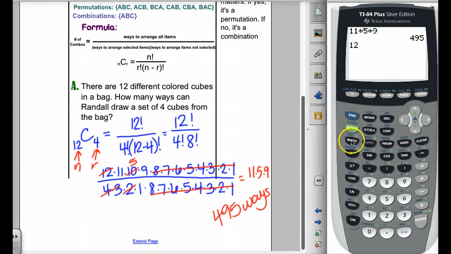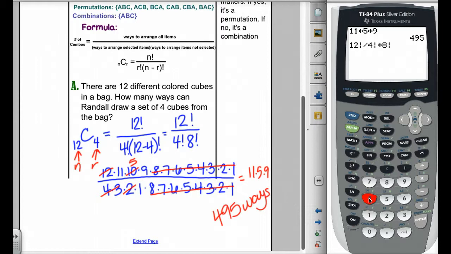If I wanted to go back and check, remember we have the math button. We arrow over to probability and hit 4 for factorial. Enter 12 factorial, and we're going to divide that by 4 factorial times 8 factorial.